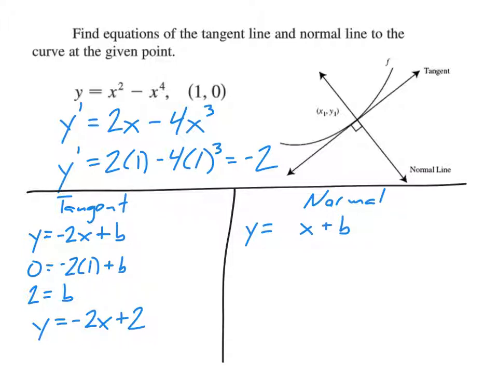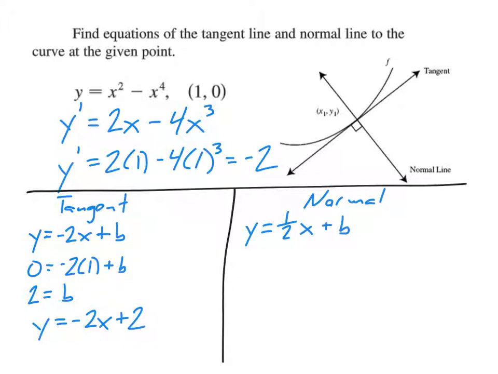So like my original slope here was negative 2. I want the perpendicular to that. So I first flip the sign, so my negative becomes a positive in this case. And then I find the reciprocal of 2, which is 1/2. And so the normal line slope is 1/2. So again, if you want to add that to your notes because you had forgotten it, perpendicular slopes are opposite reciprocals.